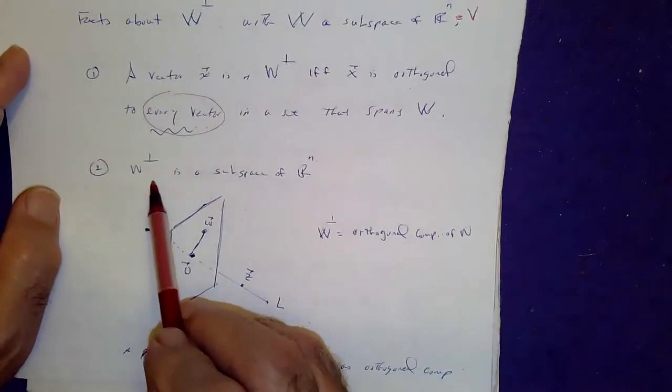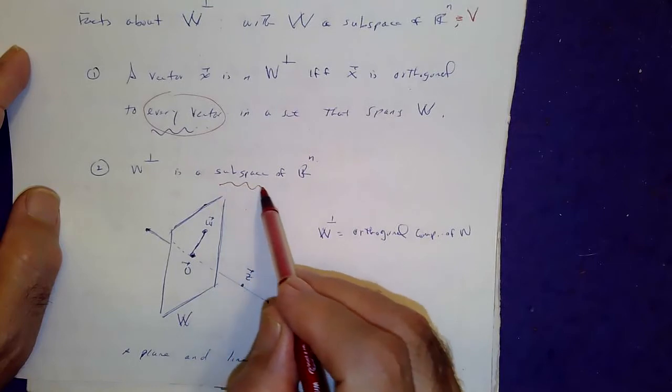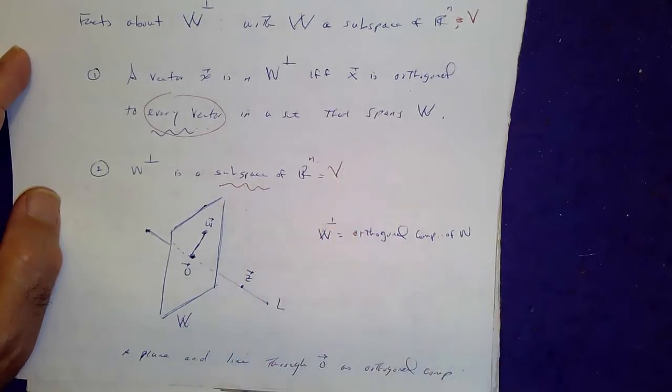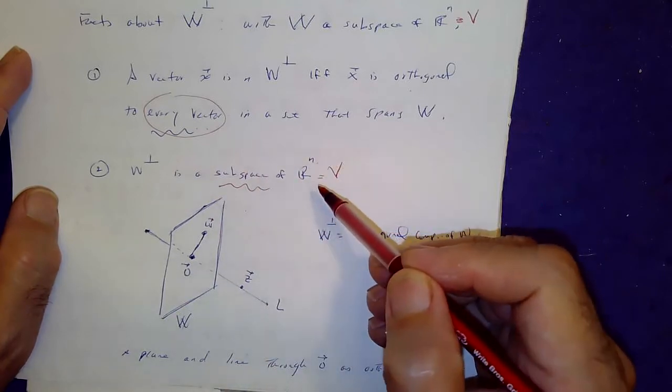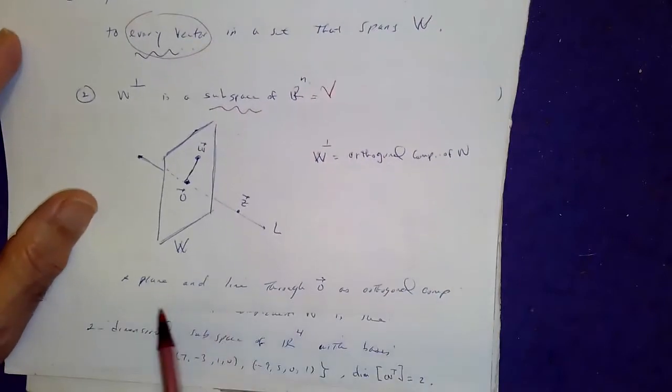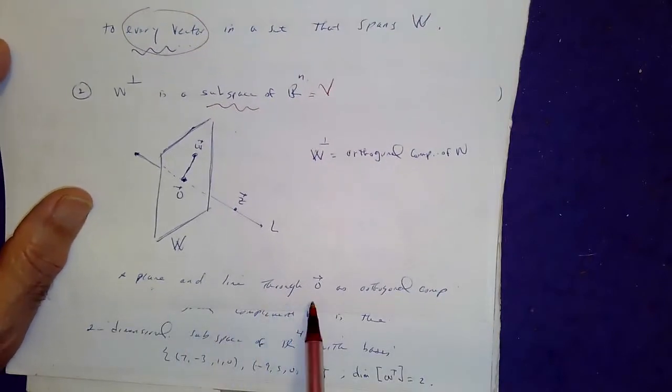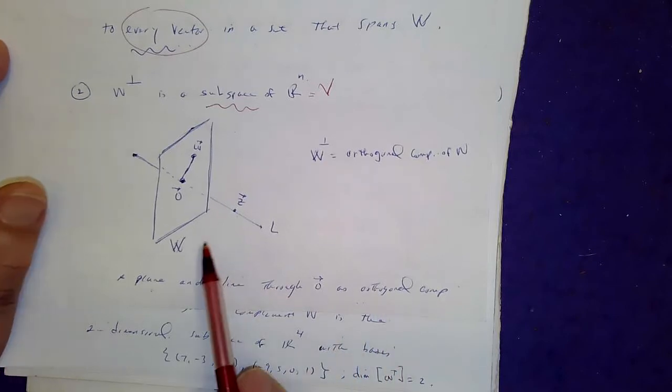The orthogonal complement of W is always a subspace of a vector space, like in this case, Rn. This diagram shows a plane and a line through the origin as orthogonal complements.